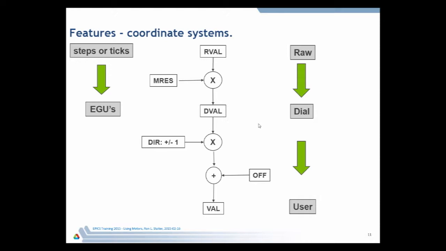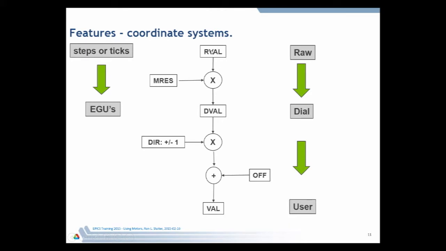These 3 coordinate systems are labeled raw, dial, and user. When you enter an absolute position, the motor record does these calculations for you and converts the other 2 coordinate systems.